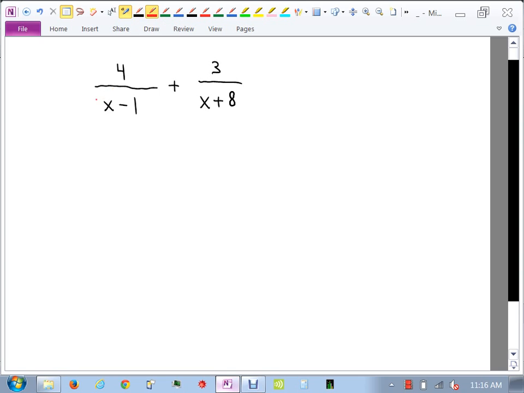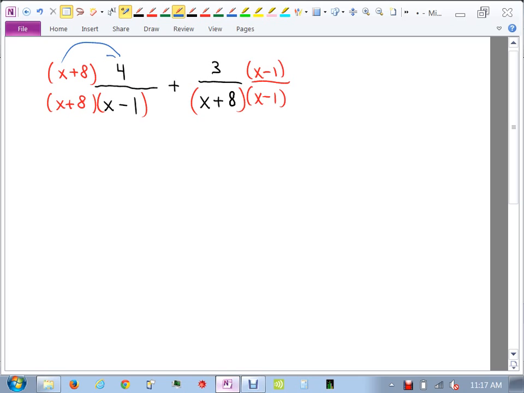So the common denominator here, I would need to put an x plus 8 on top and bottom here. And then what would I need on the other one? x minus 1, top and bottom. And then you would multiply this through. So you would do your 4 through, you do your 3 through on the other one. And on the bottoms, you would have your common denominator, right?